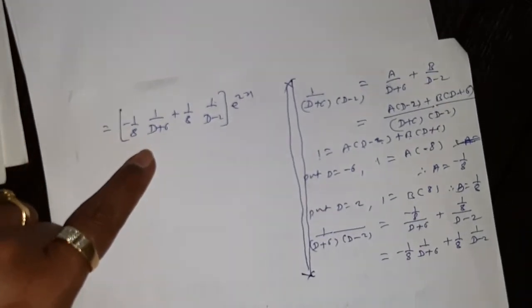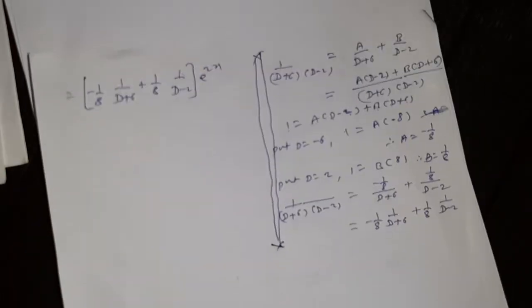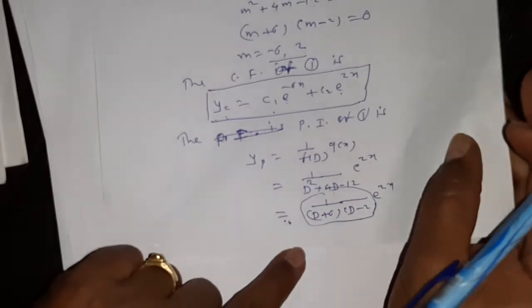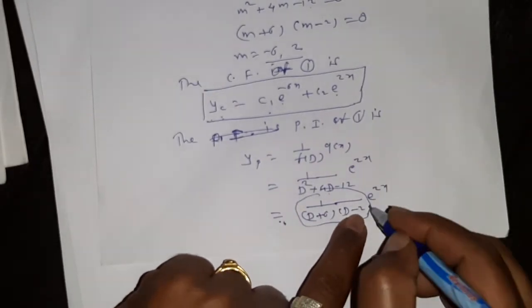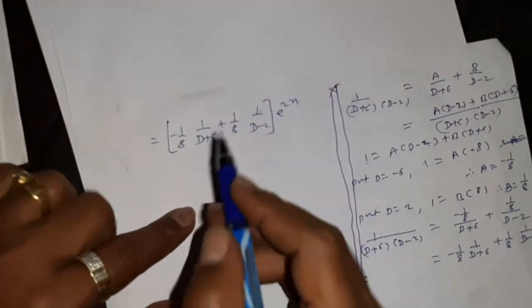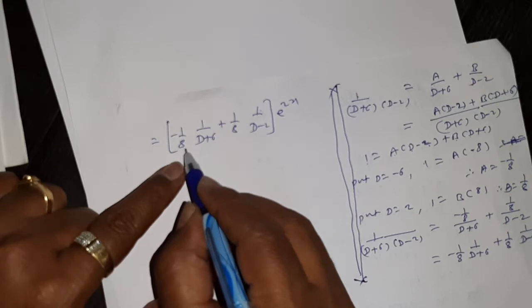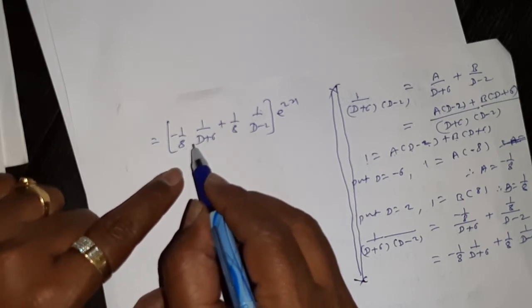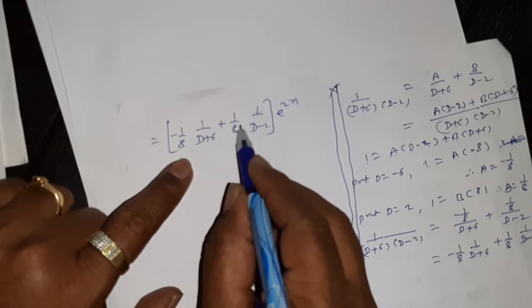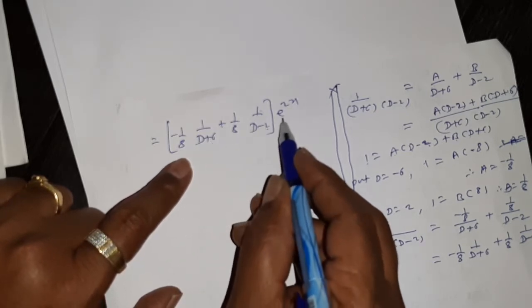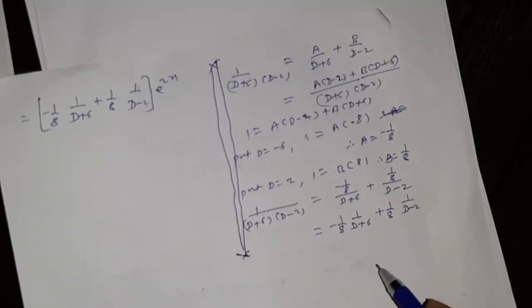What is the value of this bracket? The factor 1 by (D plus 6)(D minus 2) is expressed in partial fractions as this. By using partial fractions we have this.